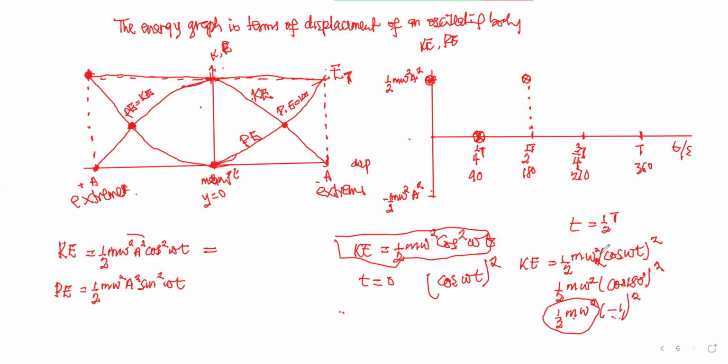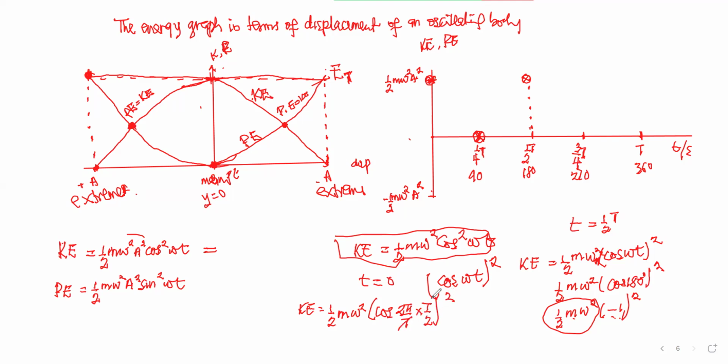I left out the amplitude squared. And if you want to use time, then KE would be equal to half m omega squared cos of omega, which is 2 pi over T, times half of T, or T over 2, all squared.